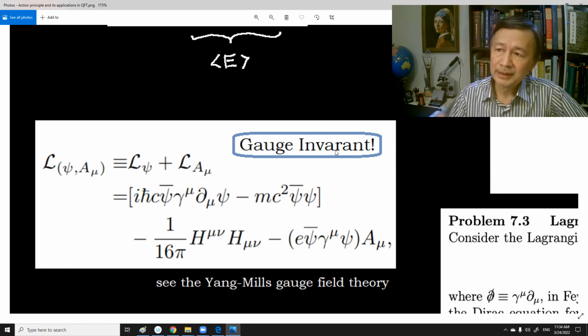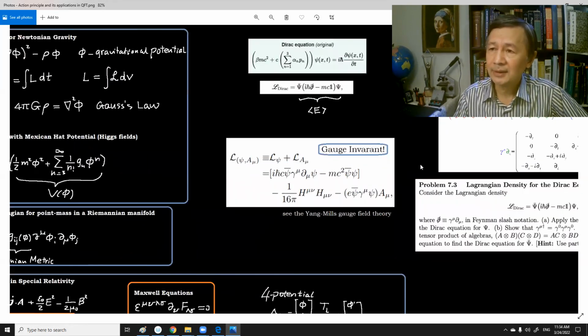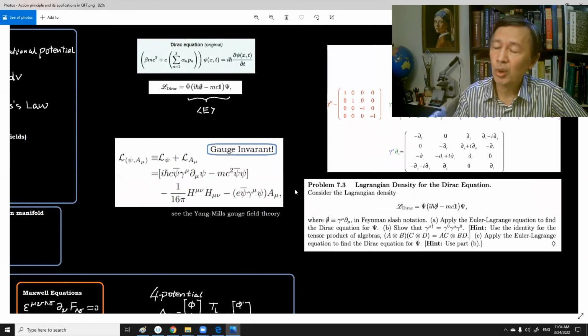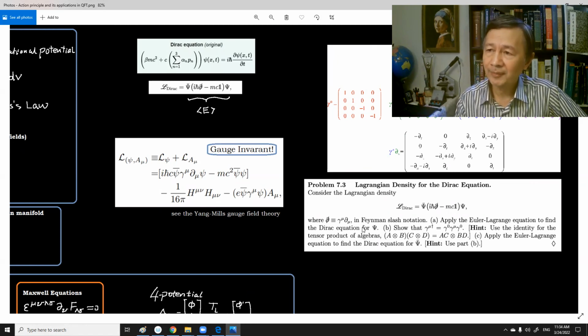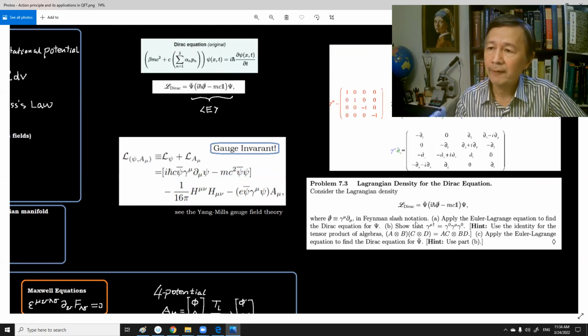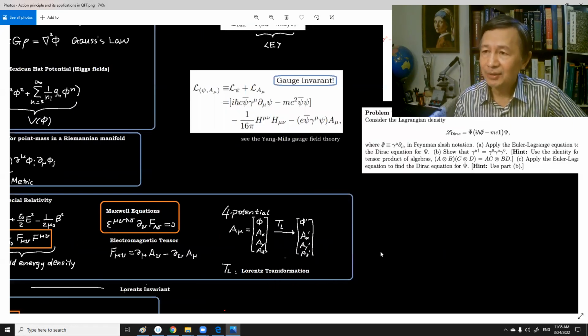Because after all, there is another issue people haven't resolved: the divergence, the infinity, in quantum electrodynamics, and in the other interactions such as the weak and strong interactions. There is always an artificial approach one has to invoke, called renormalization. So that is another issue.